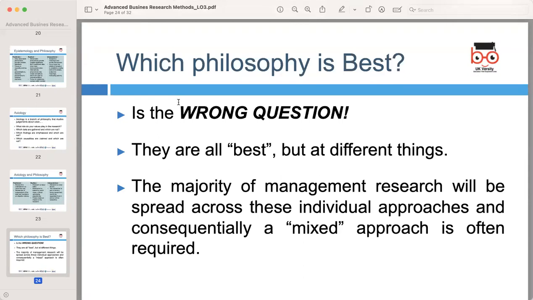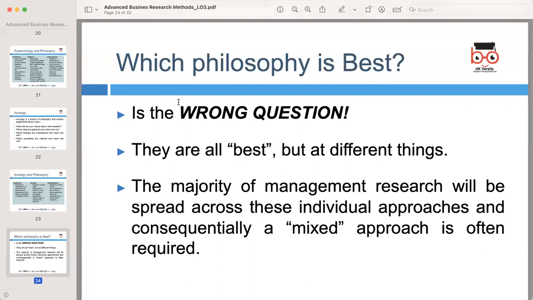Here, he is talking about which management philosophy is the best. However, I must emphasize that this is actually the wrong question to ask. So let me explain why.